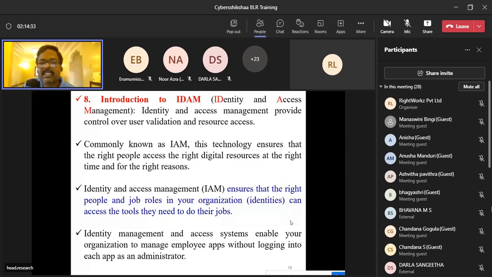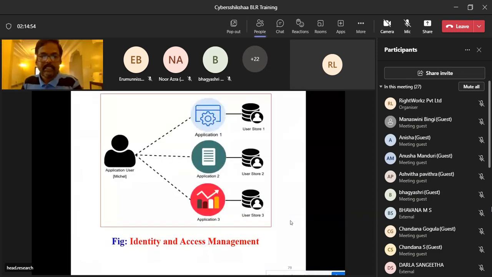It ensures that the right people and job roles in your organization can access the tools they need to do their jobs. Identity management and access systems enable your organization to manage employee apps without logging into each app as an administrator. These are identity and access management.